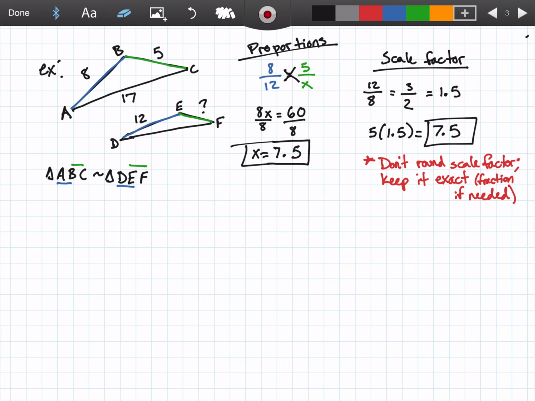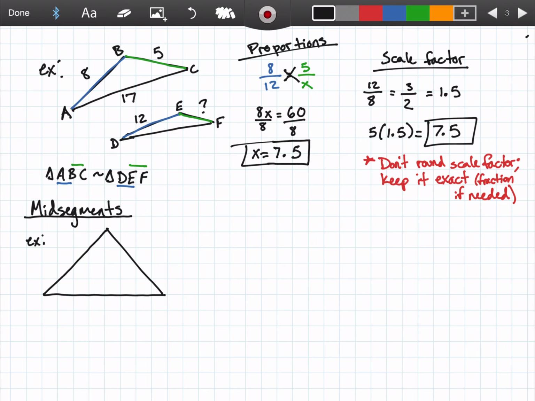Let's talk about mid-segments. Okay. So a mid-segment would be this guy right here because it's a segment and it hits the midpoints of both sides of that triangle.